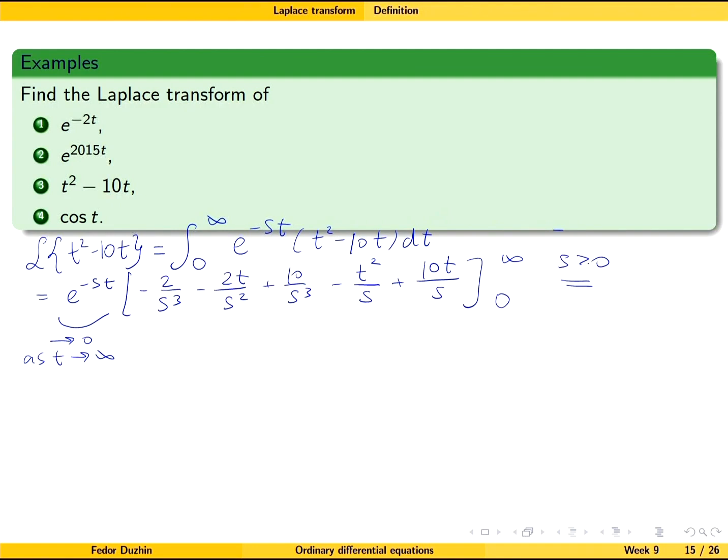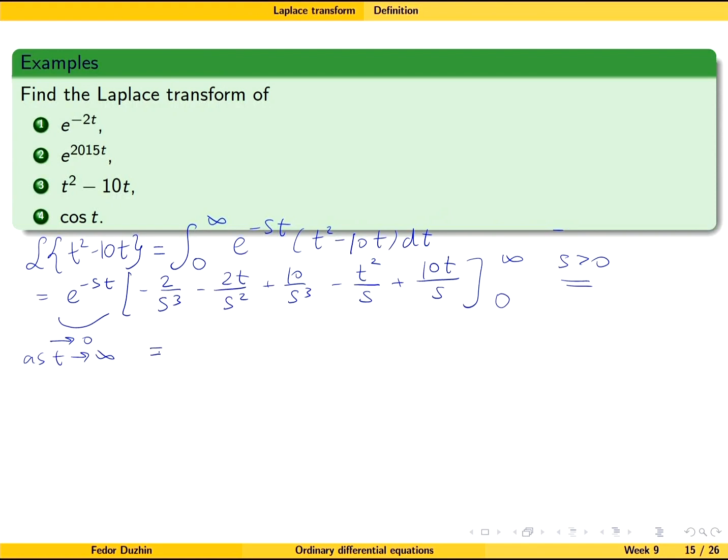Because if s is negative or if s is 0, then the limit as t goes to infinity is infinite, so this expression does not make sense. But if s is positive, then the limit of e to the minus st is 0, and even the limit of e to the minus st times any polynomial is still 0, because the exponential function dominates any polynomial. So the limit is going to be 0.